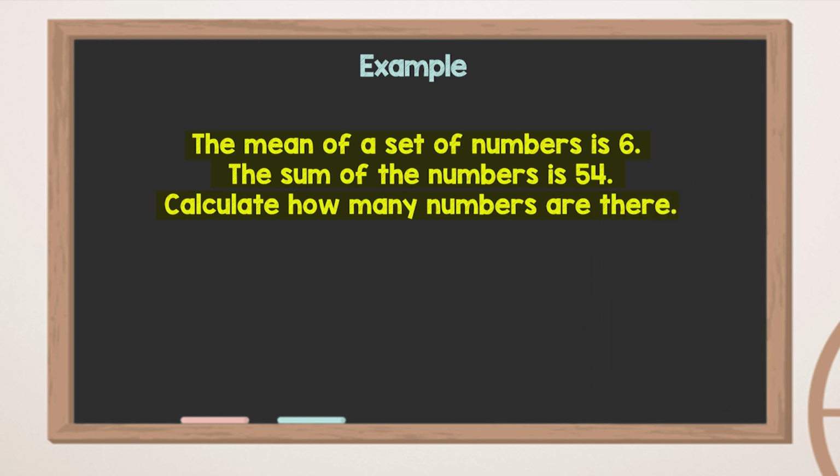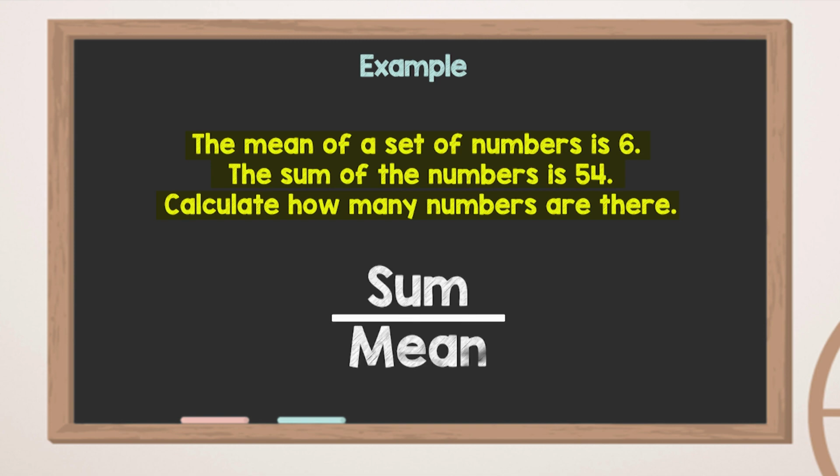Now, boys and girls, remember we said that when we want to calculate the amount of numbers or the amount of scores, it is the sum divided by the mean. So in this case, amount of numbers equals sum divided by mean. What is the sum? 54.